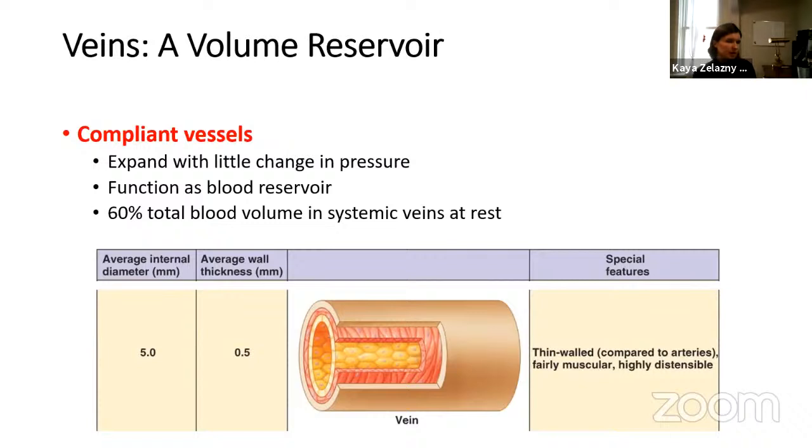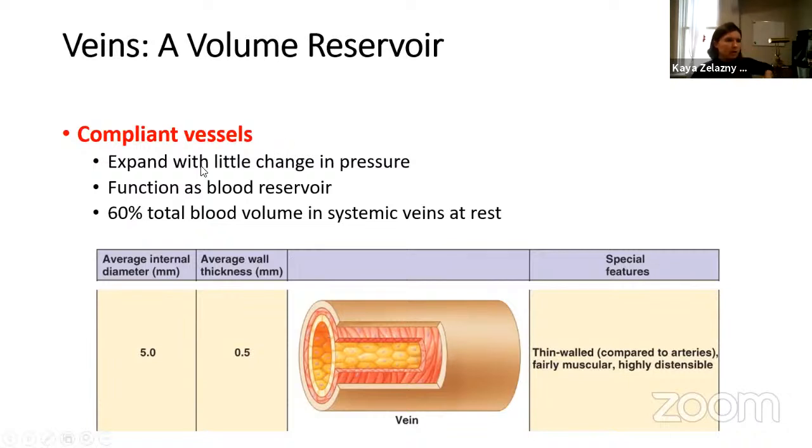So we touched briefly on compliance before, but I know it's a point that raises some confusion for people. So I basically want you to think of compliance as like how easy it is to hold volume. So it's really easy for the veins to hold a lot of blood. So easy, high compliance. The arteries, harder for them to hold a lot of blood, low compliance.